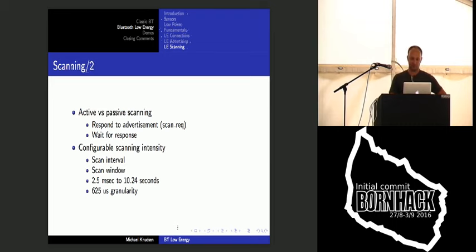So yes, the idea with advertising is to offload the intensive aspect of connection establishment, or finding the other peer device, to the device that actually wants to find you. Because if you're one of these devices, you don't really know if there's anybody around that would actually like to connect to you.